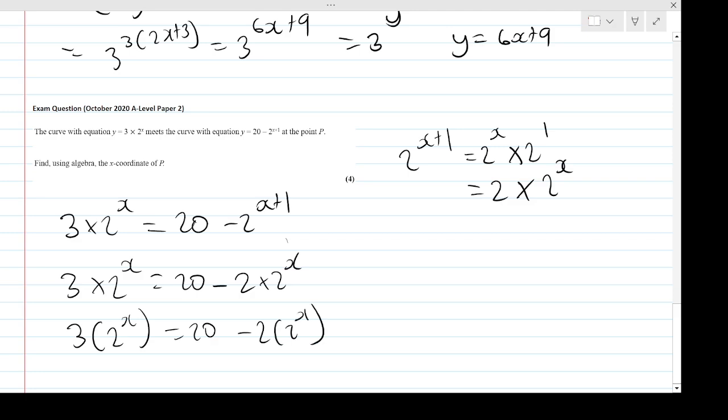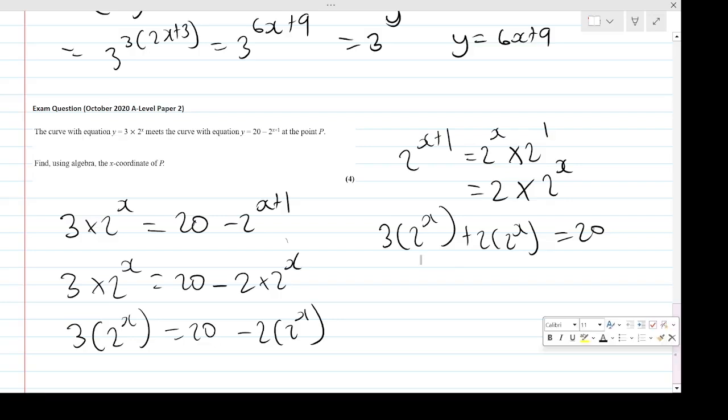Okay, well, like with solving equations, a good strategy is to bring all the x's together on one side. So if I add 2 lots of 2 to the x to both sides, I get rid of this on here, and then I get 20. And what you could recognize at this point is I'm collecting like terms again, aren't I? Because I have 3 lots of 2 to the x and 2 lots of 2 to the x.